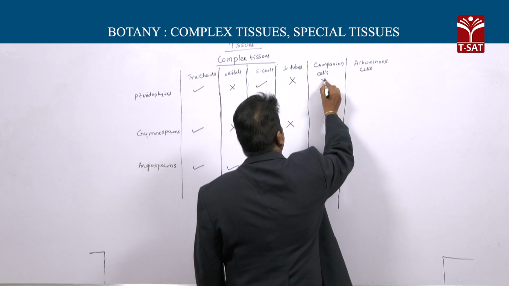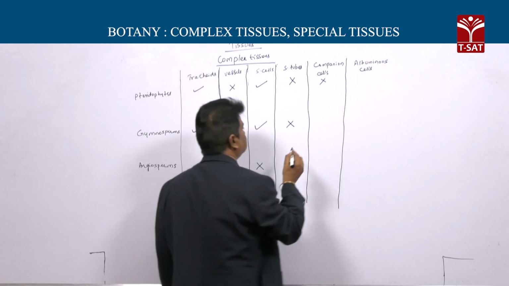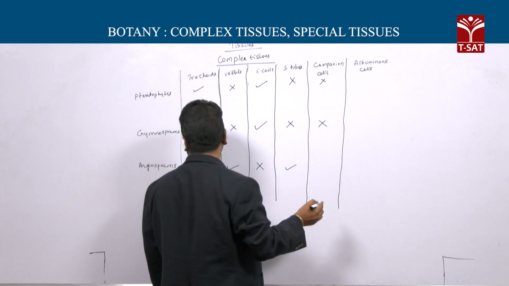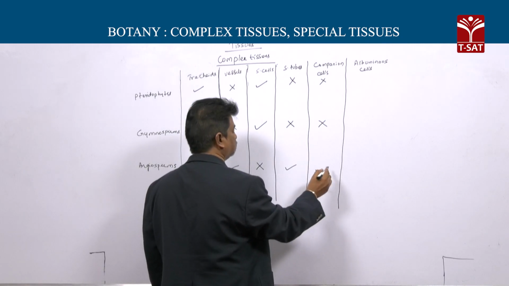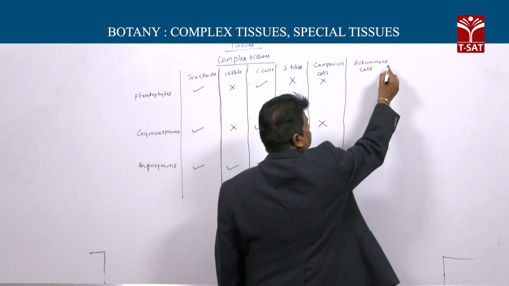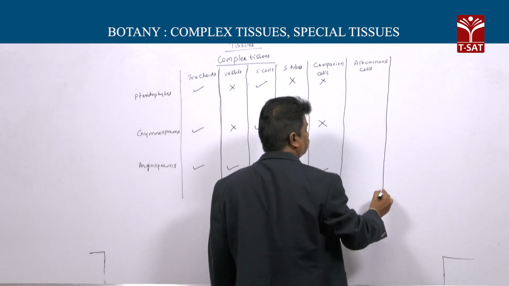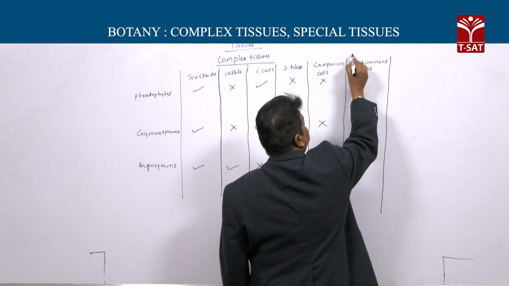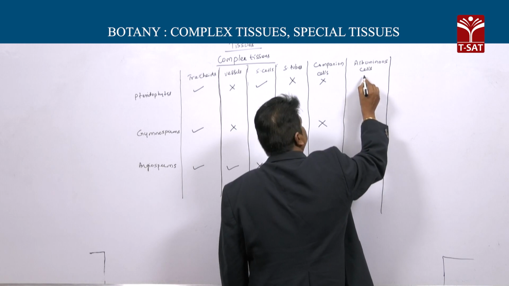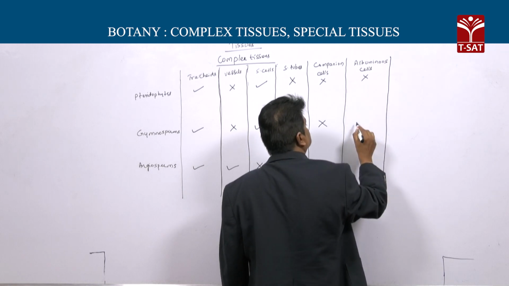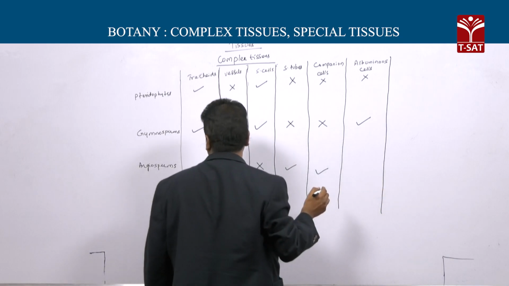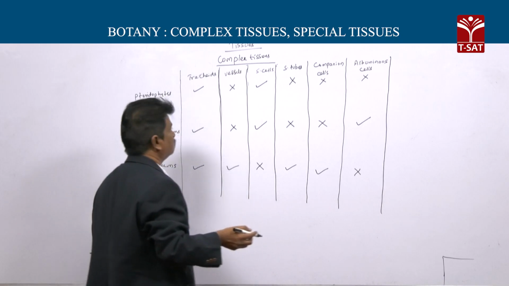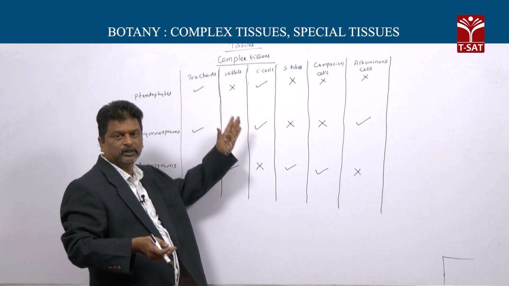Companion cells are absent in pteridophytes, absent in gymnosperms, but present in angiosperms. Next one, albuminous cells are absent in pteridophytes, present in gymnosperms, absent in angiosperms. So this is clear.